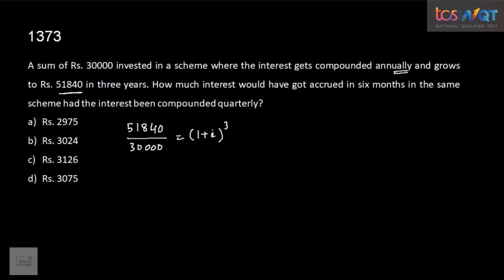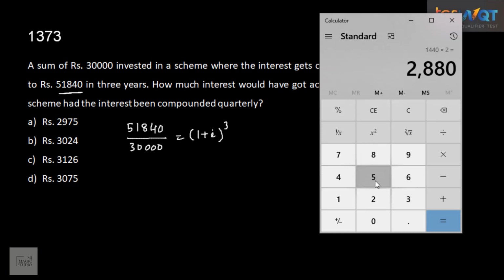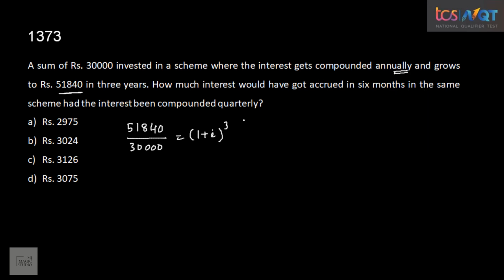Straight away we can first find the interest rate. 51840 by 30,000 is 1.728. We know that it is 1.2 whole cube. That means i is equal to 0.2. R is 20%. The rate of interest we have got is 20%.